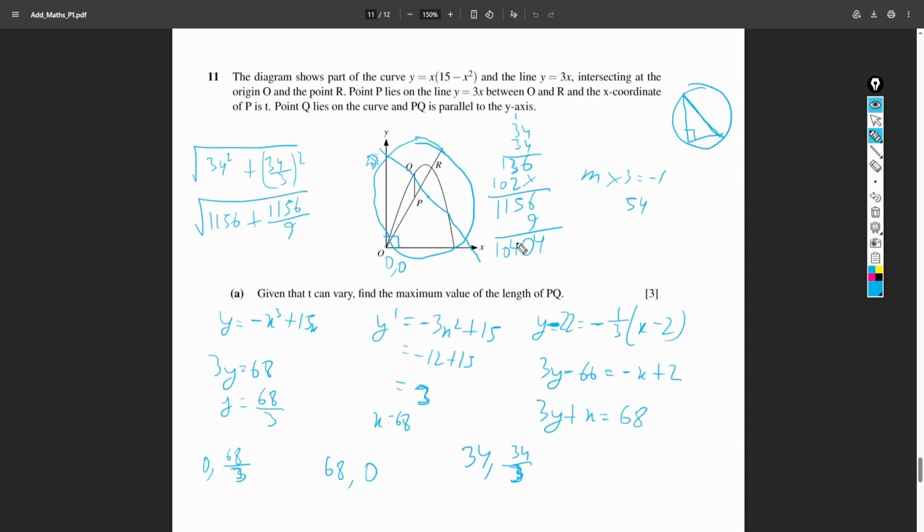Yeah, it's correct. So 10404. Then we add 1156. We get 11560 by 9. So this is our radius squared. All right, so with the midpoint and the radius, let me just erase everything over here.